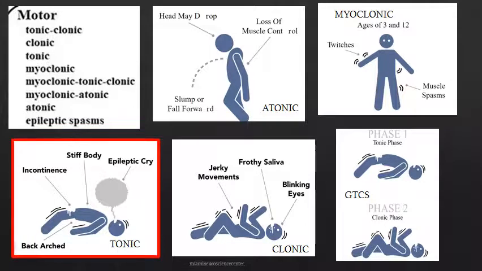First, we have the purely tonic type, where the patient falls down, usually letting out an epileptic cry or scream. Their body becomes stiff, the legs extended, the arms flexed, and they can have urinary incontinence.